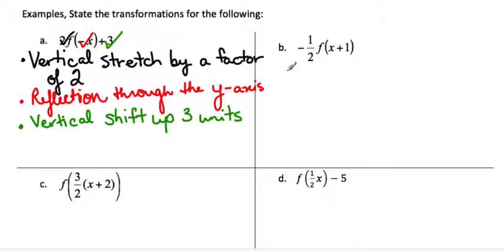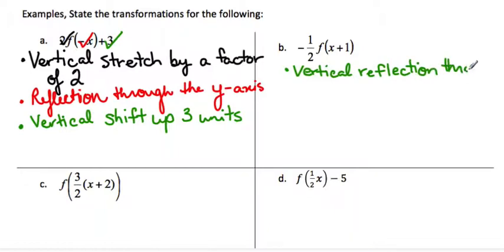So the next one, we start from left to right. So the first thing we see on the left is this negative sign. This negative sign is outside the function, so it's going to be vertical. So this is a vertical, what? Oh, it's a reflection. Well, since it's a reflection, it's going to go through an axis.